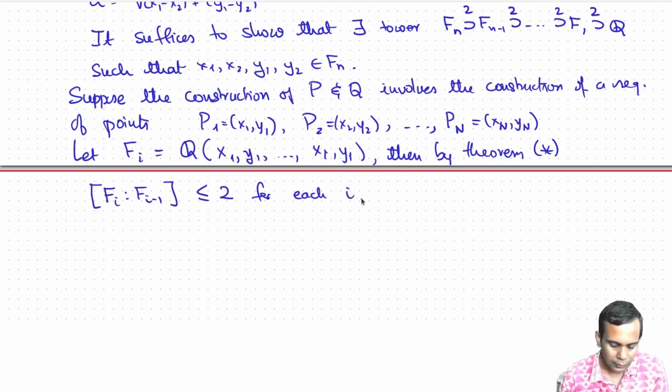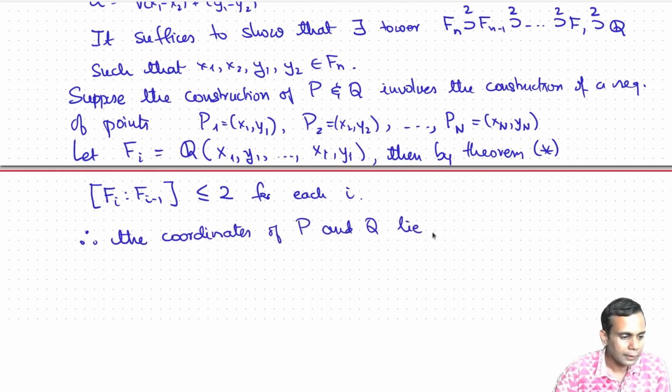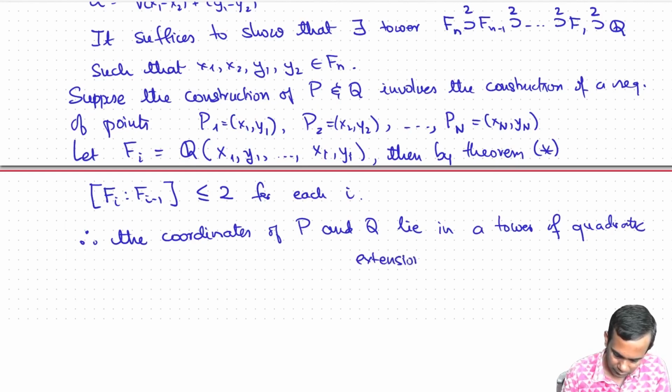And therefore, we have that the coordinates of P and Q lie in a tower of quadratic extensions, as claimed.